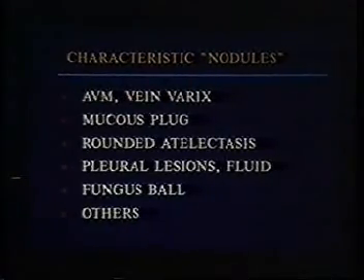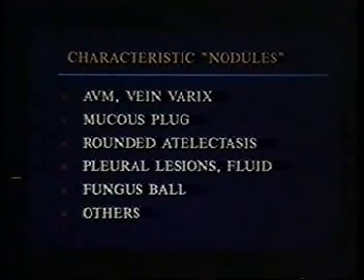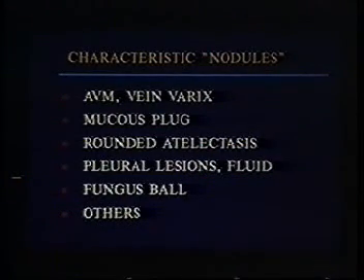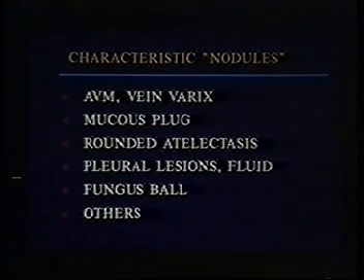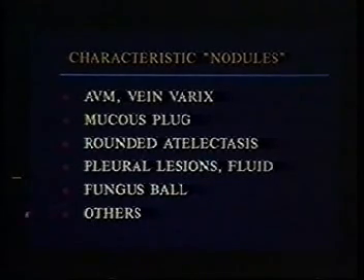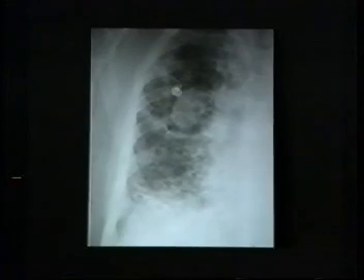These include pulmonary AVM and pulmonary vein varix, mucus plugs, which can have a characteristic appearance, so-called rounded atelectasis, and loculated pleural effusions and pleural lesions, which can sometimes mimic lung nodules and can often be reliably diagnosed using CT or other imaging studies. Also fungus balls within cavities, and there are a few other lesions which can have characteristic radiographic findings that can lead to a specific diagnosis. And if we can do this, then that ends the diagnostic workup.